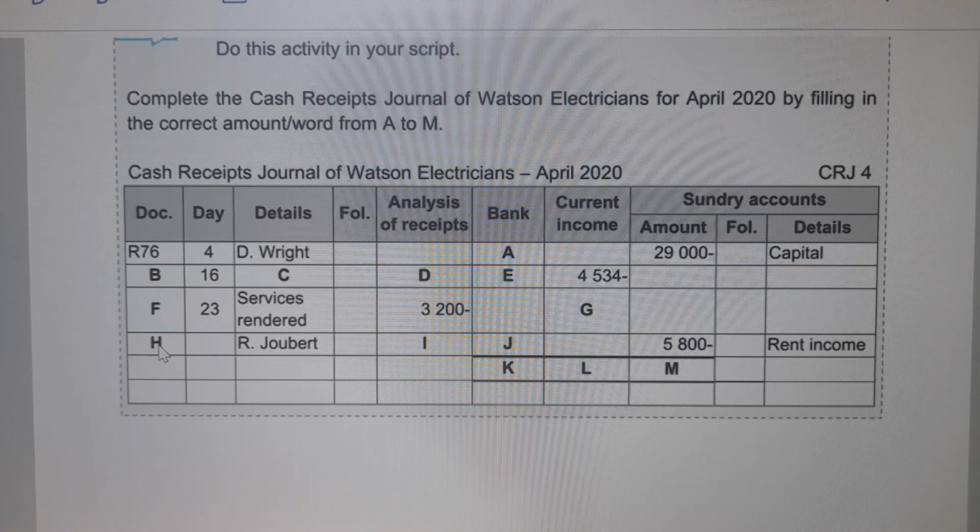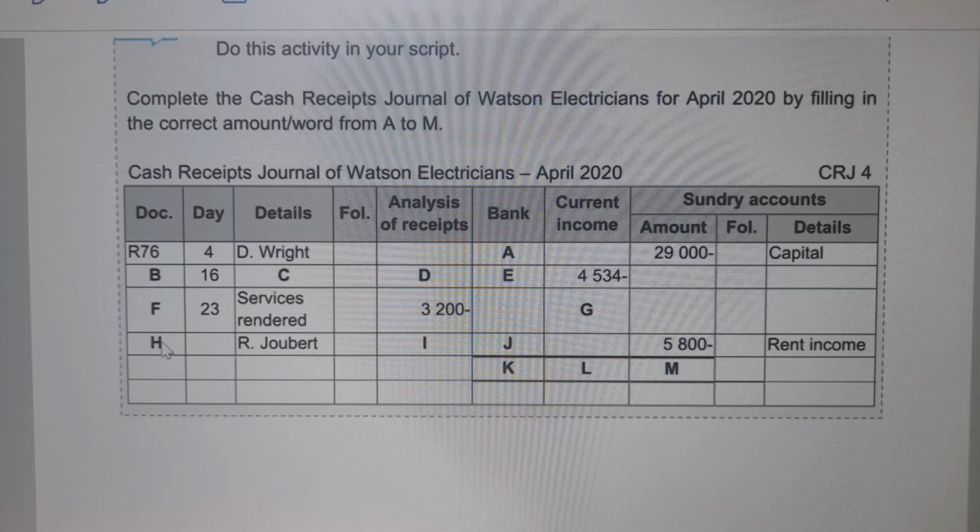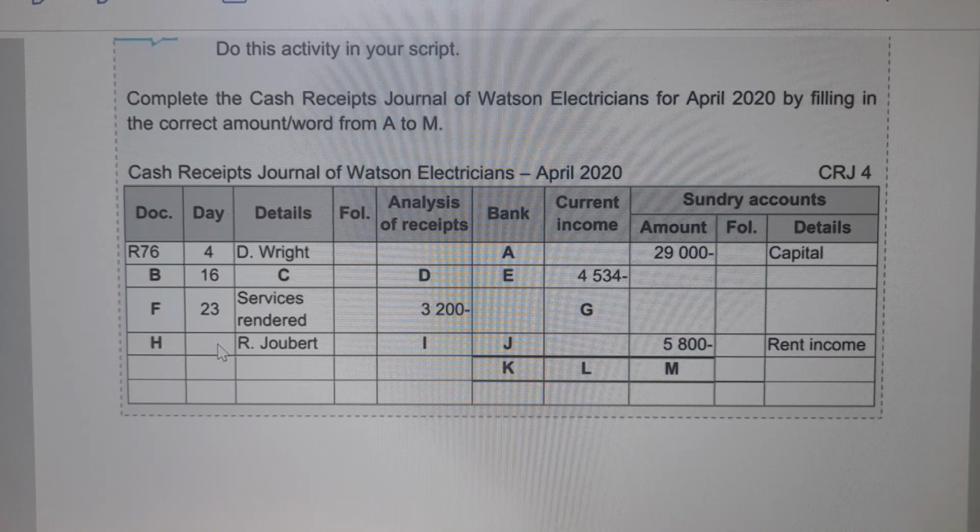Okay, and under H, receipt 77, 78, and 79. So this will be receipt number 79, and the day, this is from R-Jubet. Okay, if we can't see the question, we don't have to fill this one anyway, they haven't asked.